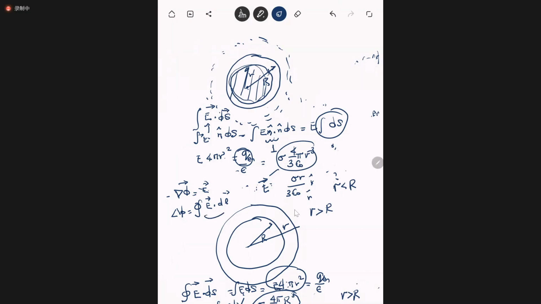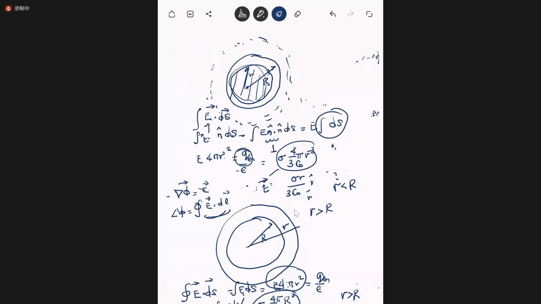So again, this dot product of two vectors is going to be just simply the algebraic product of the magnitudes of those two quantities. Let's see what happens.